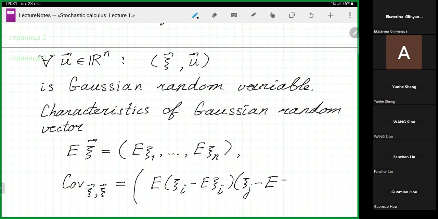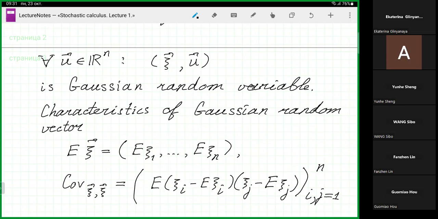So this is a matrix whose elements are covariances of the coordinates of our vector.